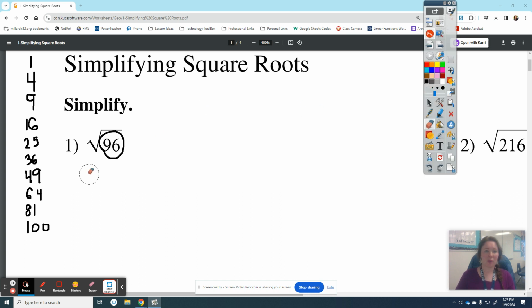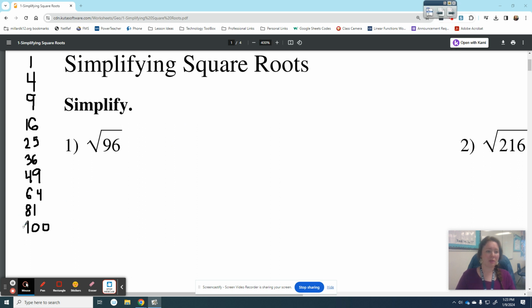So now I'm not going to write down every single one, but I'm going to go backwards up this list. So next I do 96 divided by 81. That gave me a decimal, so that is not what we're looking for. 96 divided by 64.